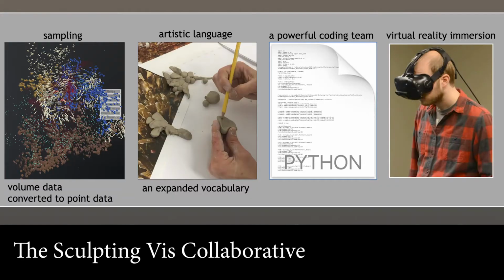The Sculpting Viz Collaborative is made up of a team from the University of Minnesota Interactive Visualization Lab, who focuses on the technical ability to actually incorporate artistic language into scientific visualizations and data. That team is led by Daniel Keefe.